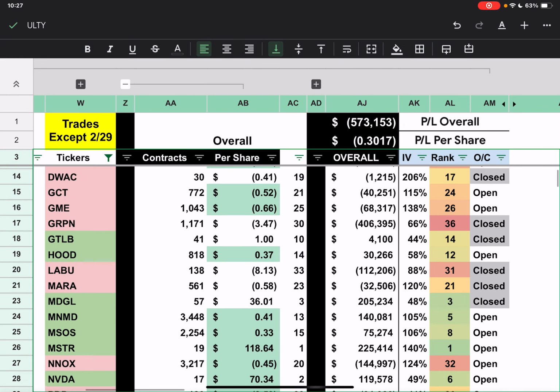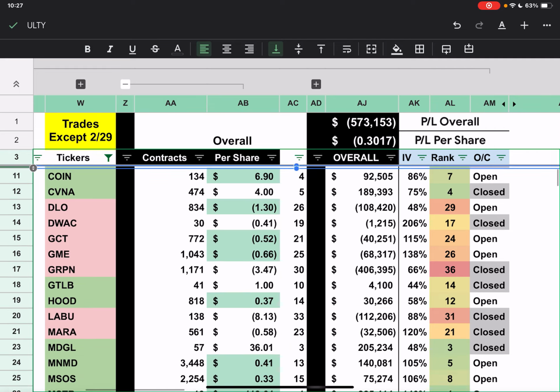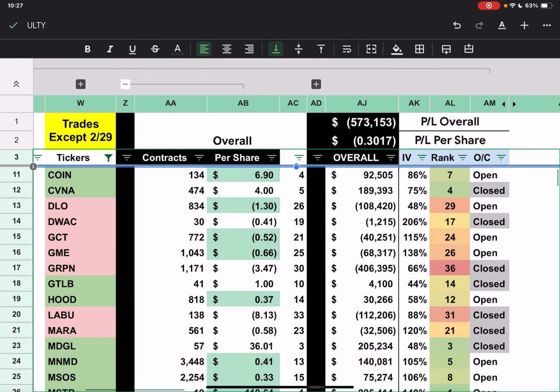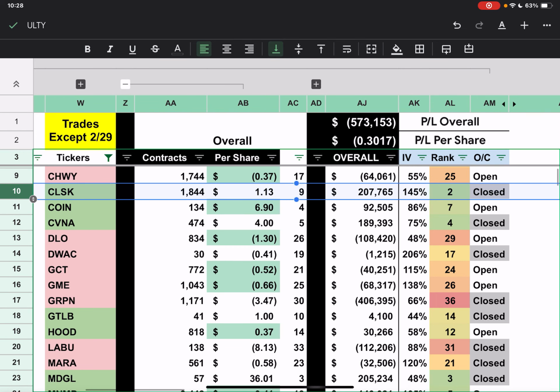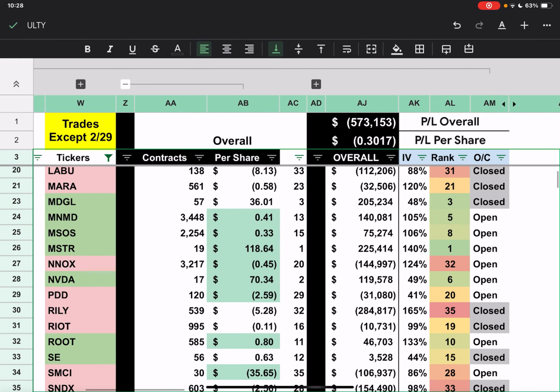So number 3 is 205,000, which was that pharmaceutical company. If we look overall at the bottom 3, I don't even know where we're at. We got 35, 36. Okay. So 36, it's been a negative 407,000. Oh, sorry.